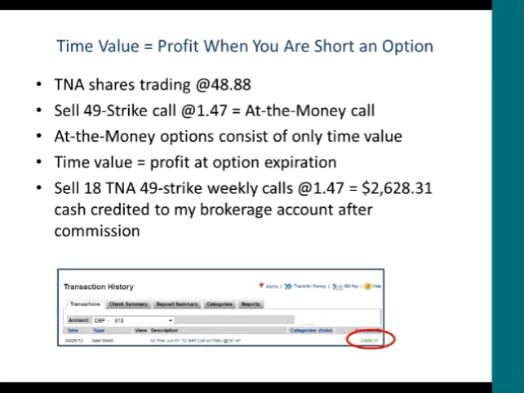So at the time I sold these 49 strike calls, the small cap ETF was trading at 48.88. So this was an out of the money call. Sold it at 1.47, and I collected a total of $2,628 for selling 18 of these 49 strike calls.